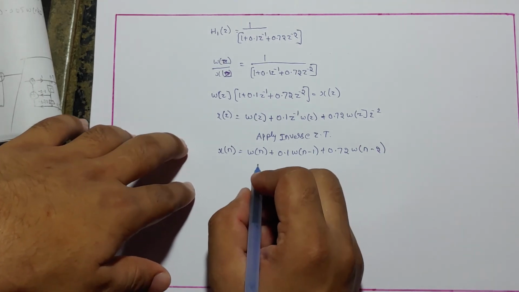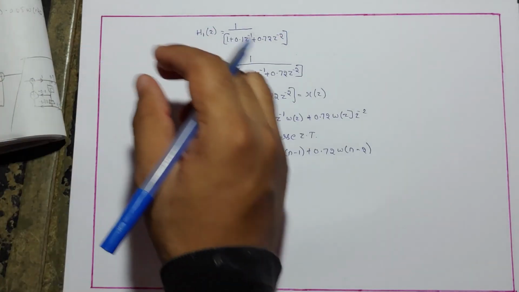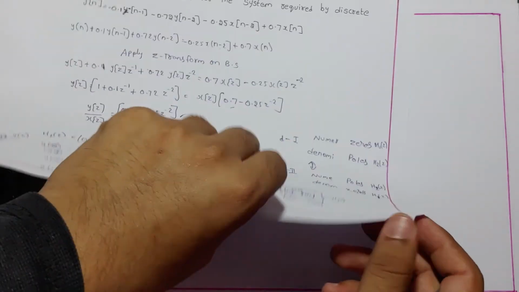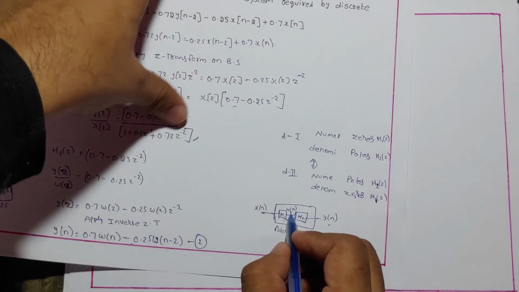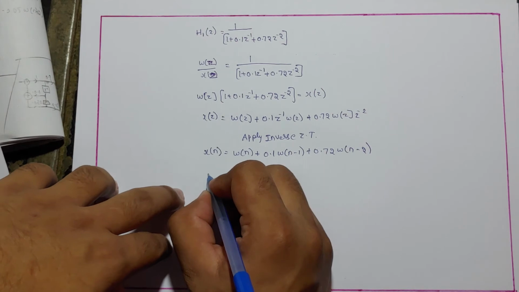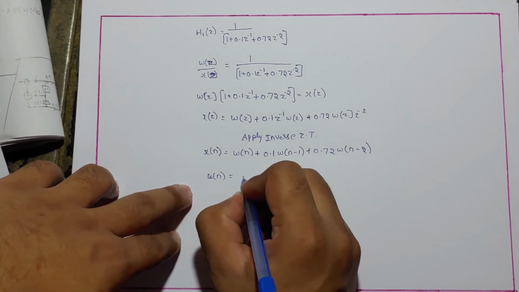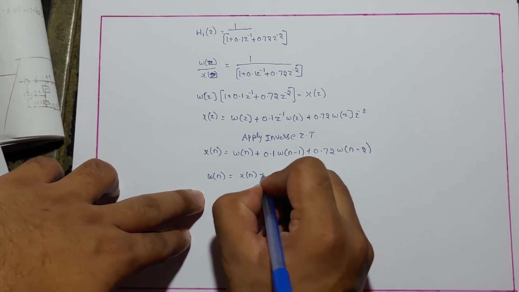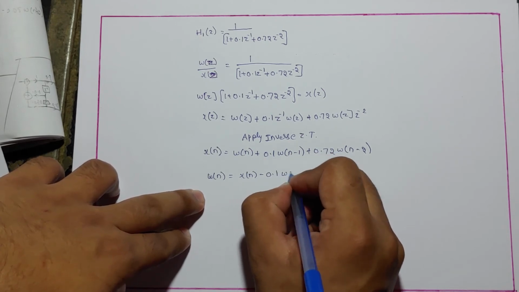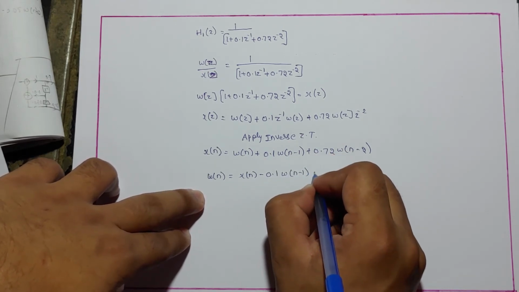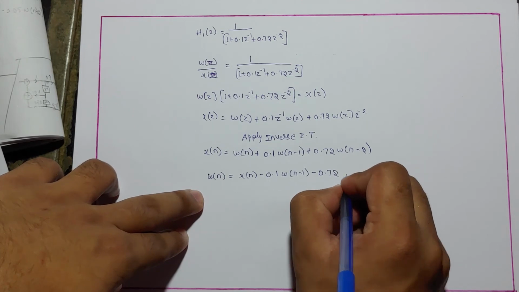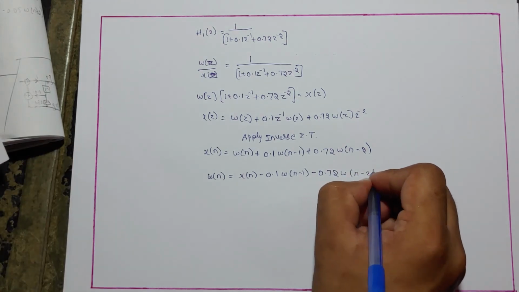That is, as the output is w of n for the system 1, we have to keep it in the left side. That is, w of n is equal to x of n minus 0.1 times w of n minus 1 minus 0.72 times w of n minus 2.